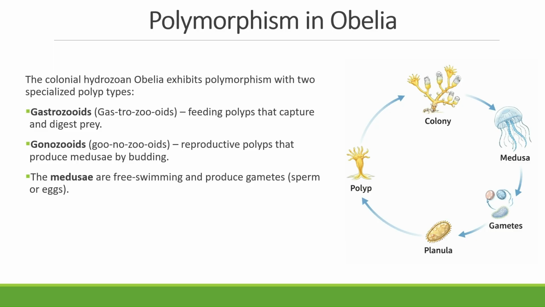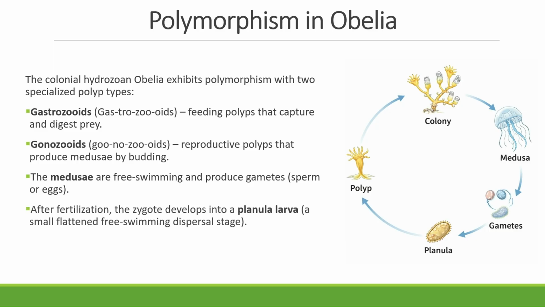And this slide here shows that life cycle from colony to medusa and the sexual reproduction that follows it. The medusa produce gametes, and after those gametes are fertilized, you get what's called the planula larva.